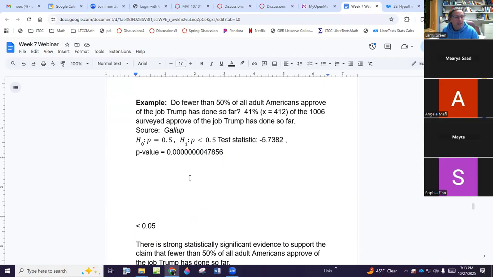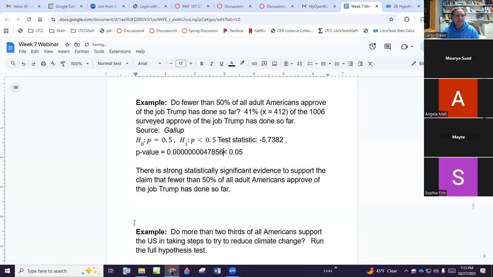Okay. Clearly, by the way, this is definitely social science kind of stuff, so we're going to use a 5% level of significance. And the p-value is clearly less than 0.05. And not only is it less than, it's very much less than.